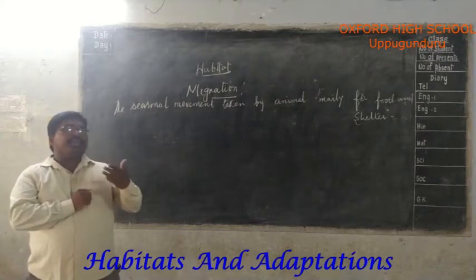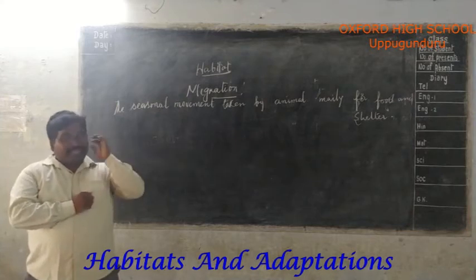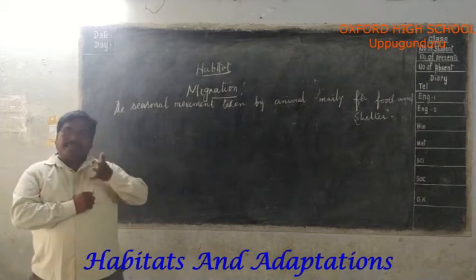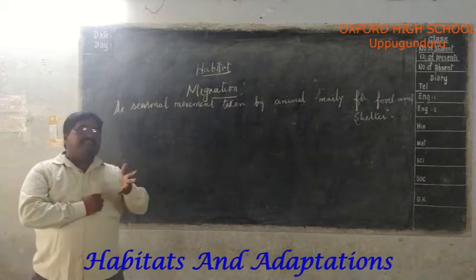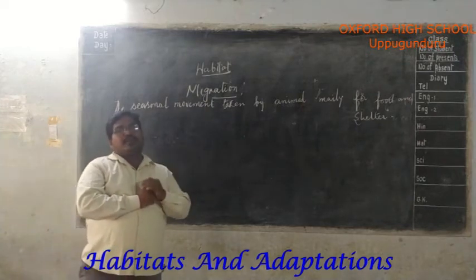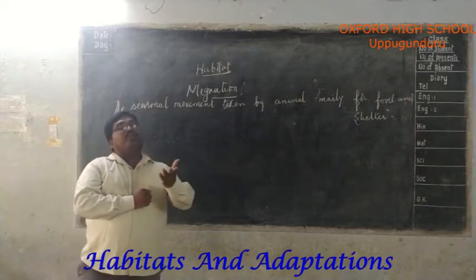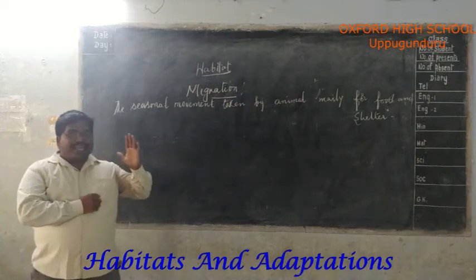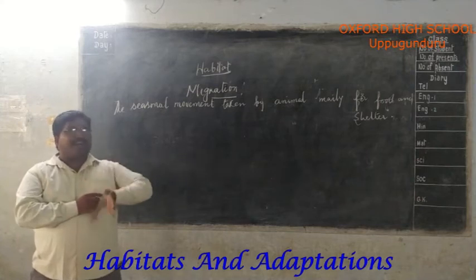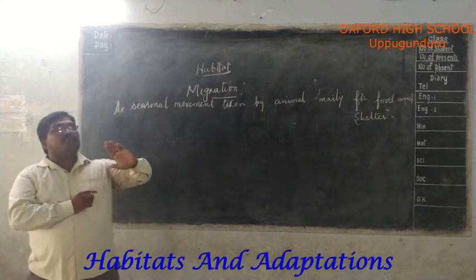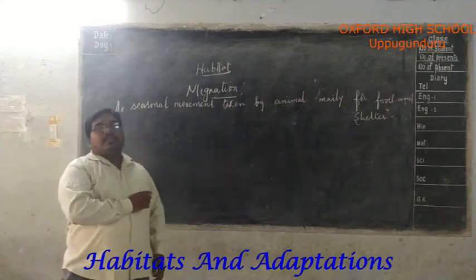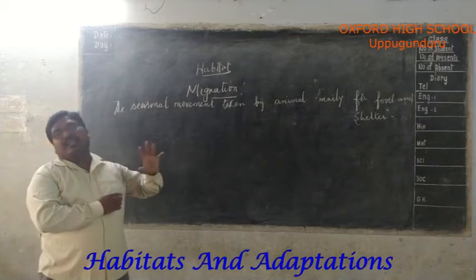They reproduce their race. So when the climatic conditions are unfavorable, whenever these animals find that the climatic conditions are unfavorable, at that time they start moving from that place to another pleasant place where they can get all the resources.